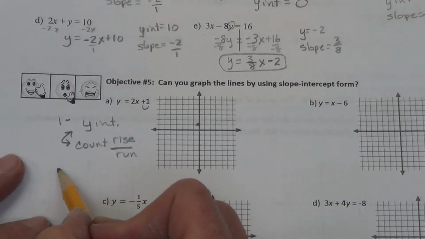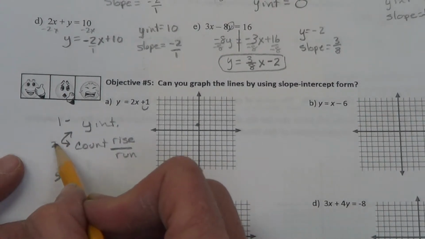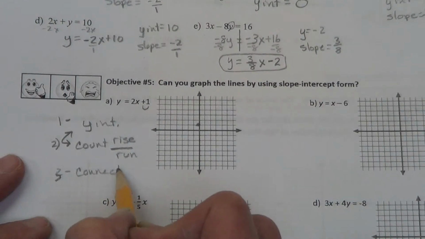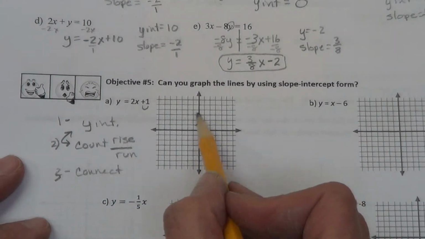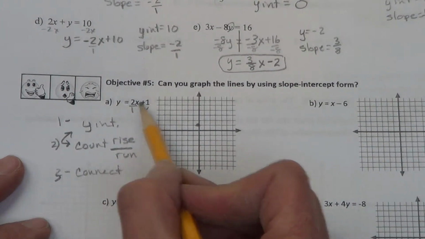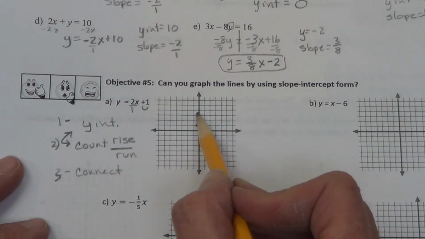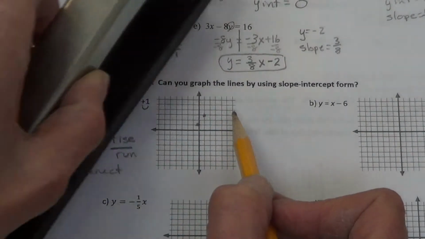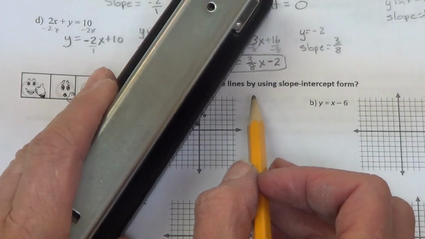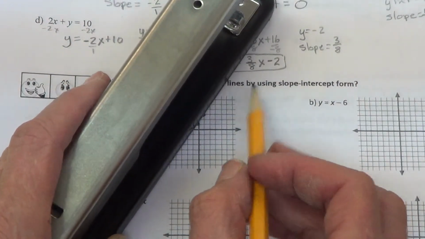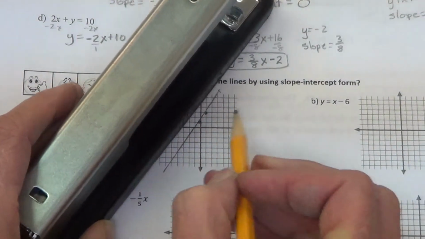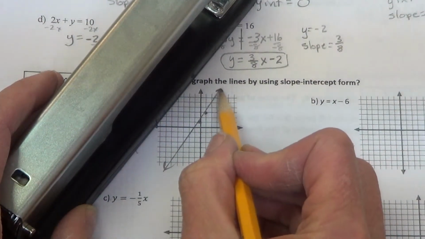Then connect those two points. So we found our 1. Our slope is 2 over 1. So we rise 2 and run 1 to the right because it was positive. And now we connect, and please extend the edges of the graph. There we go.